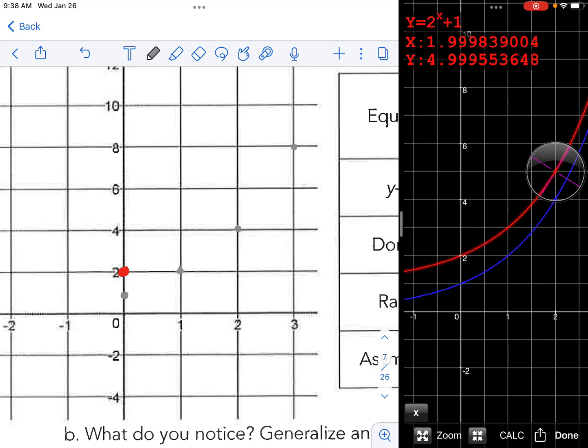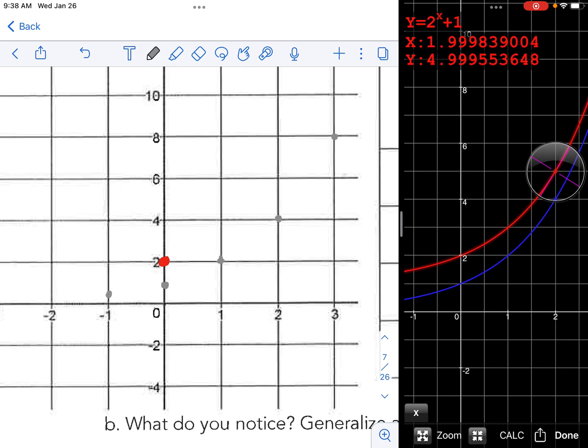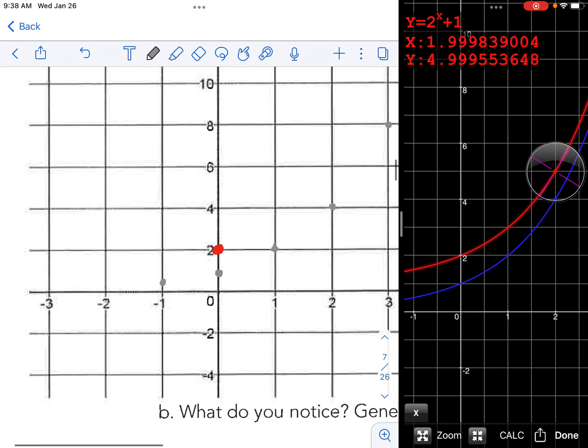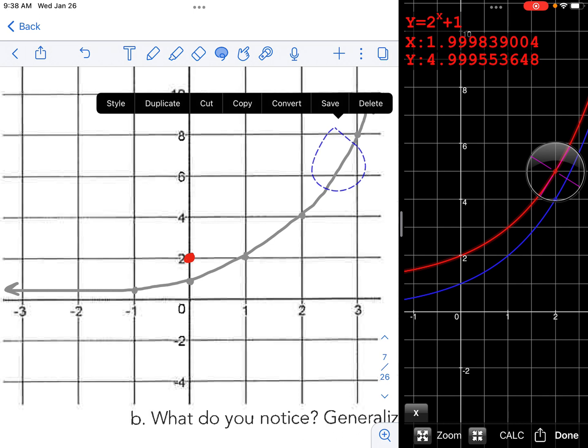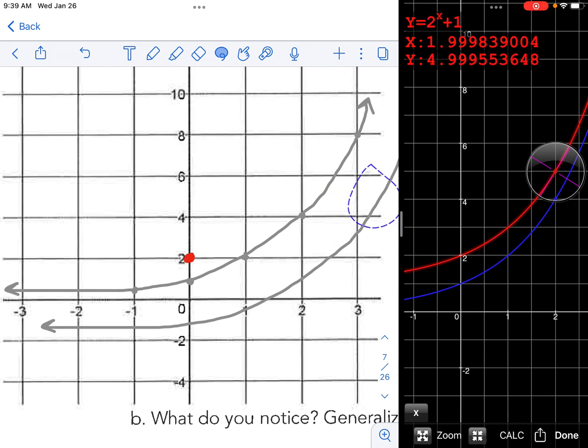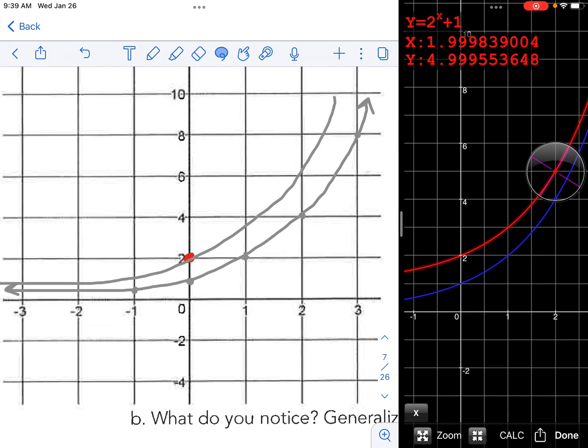I'm drawing it in gray, so it's kind of not a focal point, if that makes sense. So that parent function looks something like that. That was blue up above. And now what we're going to do is we're going to take that parent function and we're going to bump it up here.